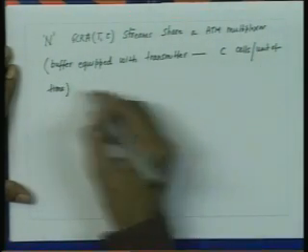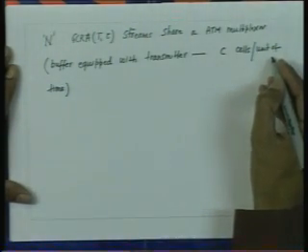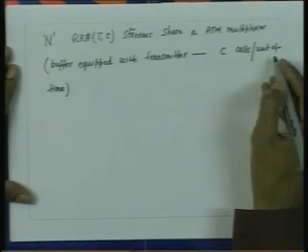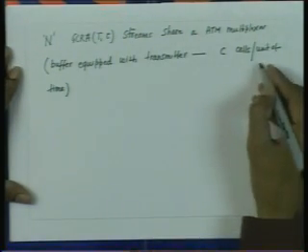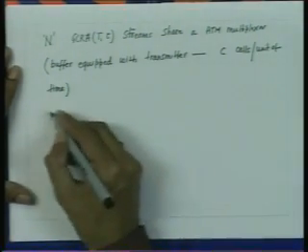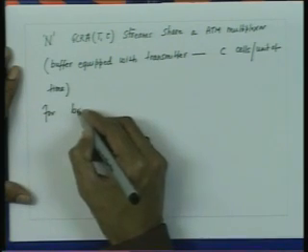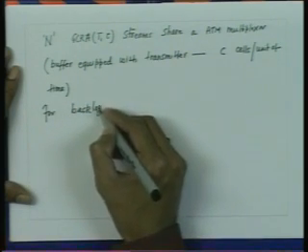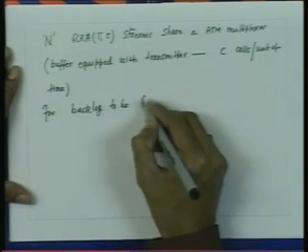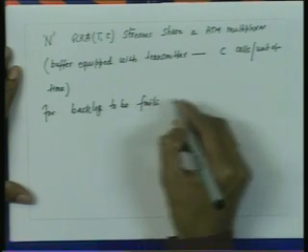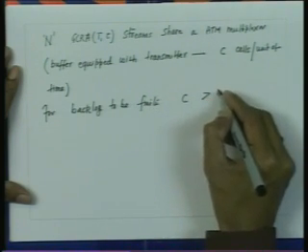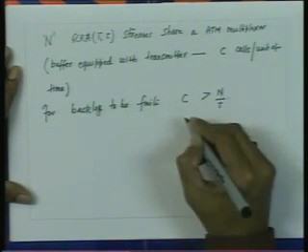Remember, our unit of time here is the one cell transmission time, so that we have always been using it. So for the backlog to be finite, we know that our requirement is that C should be greater than n by T.